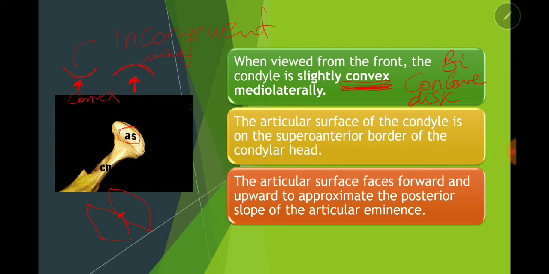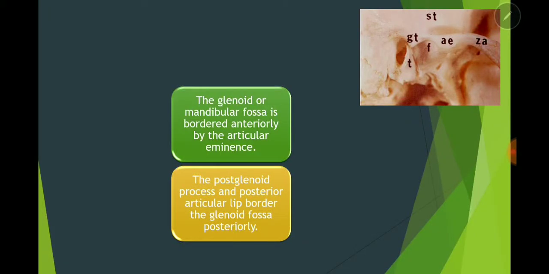Centric relation is when the condyle is in the most superior anterior position against the posterior surface of the articular eminence. I'll keep saying that so that you know the definition of CR. The articular surfaces face forward and upward to approximate the posterior slope of the articular eminence.